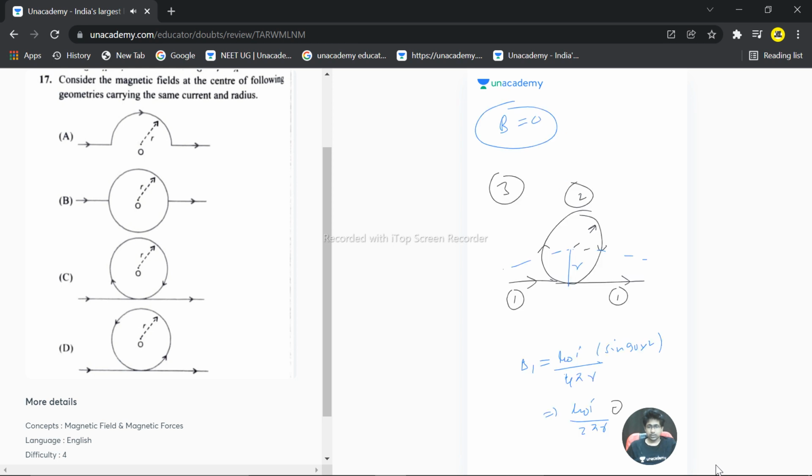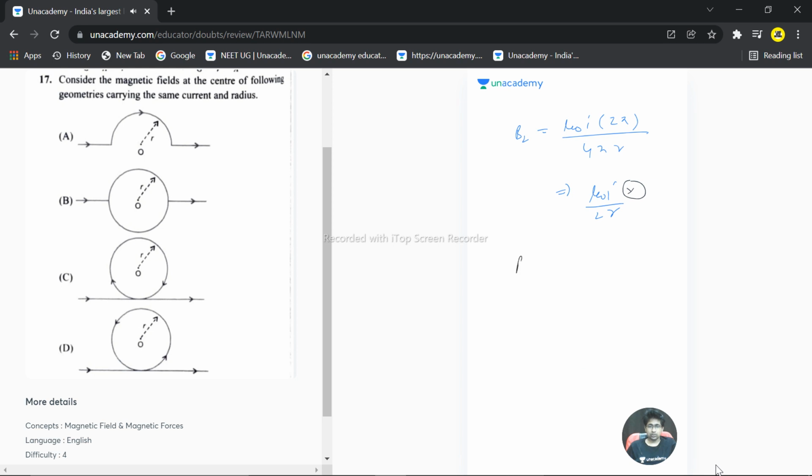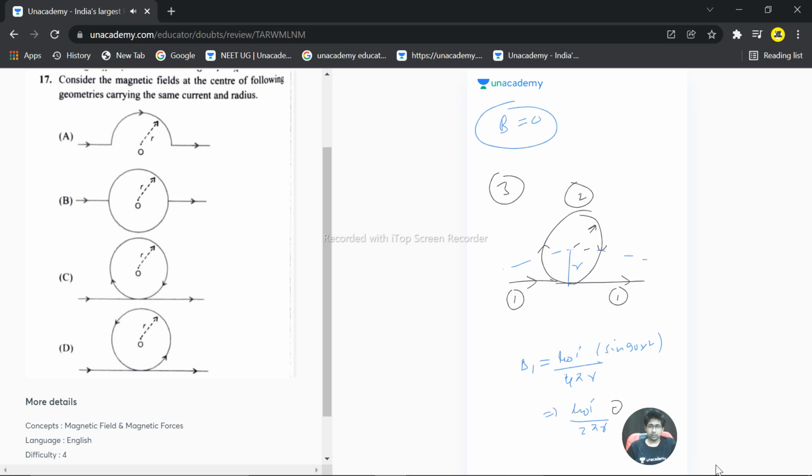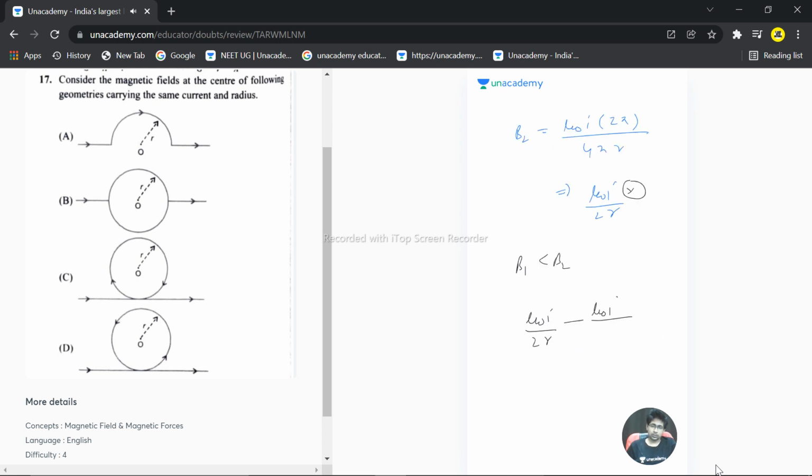It is 2r and it's 2 pi r. Definitely this is the smaller one. B1 is smaller than B2. So I can write this as mu naught I by 2r minus mu naught I by 2 pi r. Taking mu naught I by 2r common, this becomes 1 minus 1 by pi. And definitely the direction will be cross.